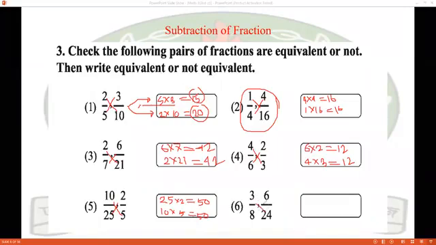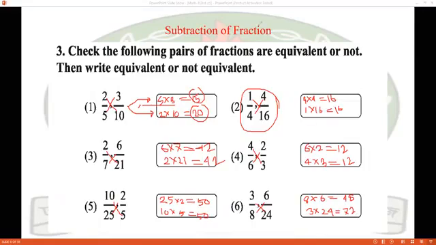We write 8 into 6, we get 48. 3 into 24, we get 72. So the result is not the same, so they are not equivalent fractions because their multiplying results are different.